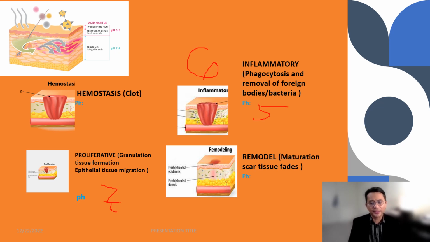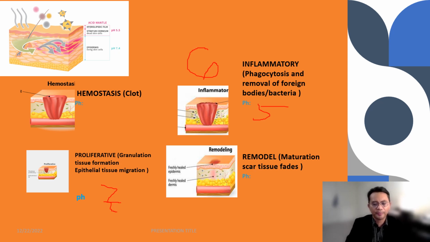They will grow rapidly and produce epithelial cells, and these epithelial cells will migrate into the new scar matrix to resurface the matrix. So this together helps return the pH to 5.5.